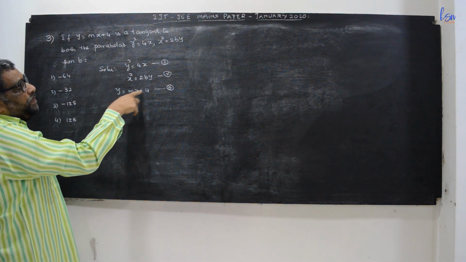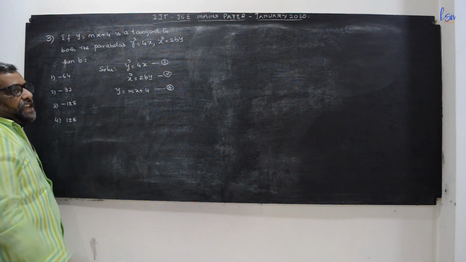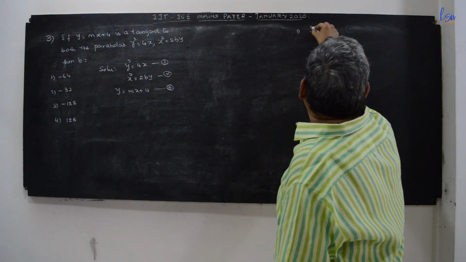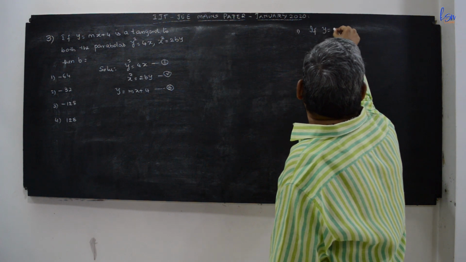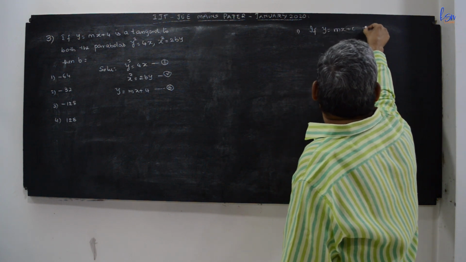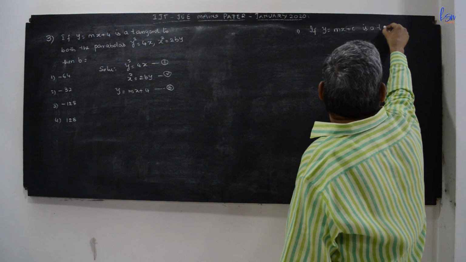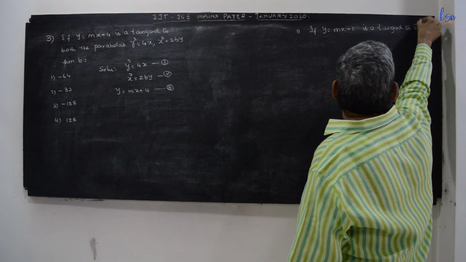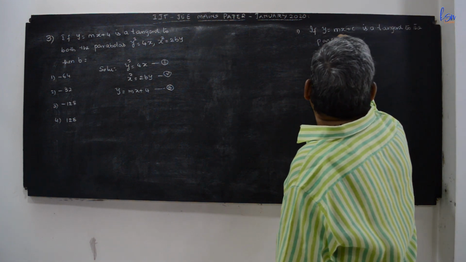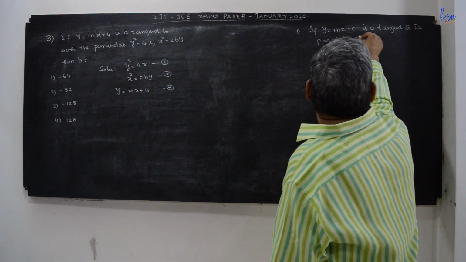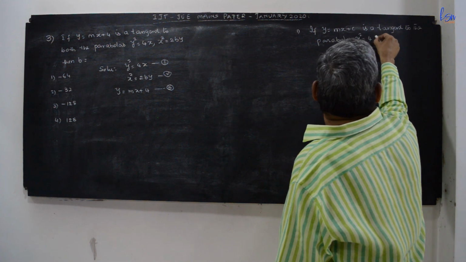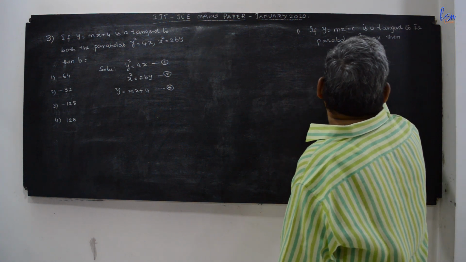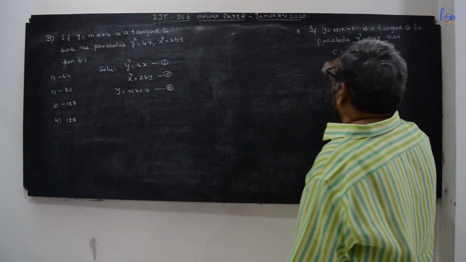Whenever y is equal to mx plus 4 is a tangent to the parabola y square equal to 4x, here is one formula. If y is equal to mx plus c is a tangent to a parabola y square is equal to 4ax, then c is equal to a by m.